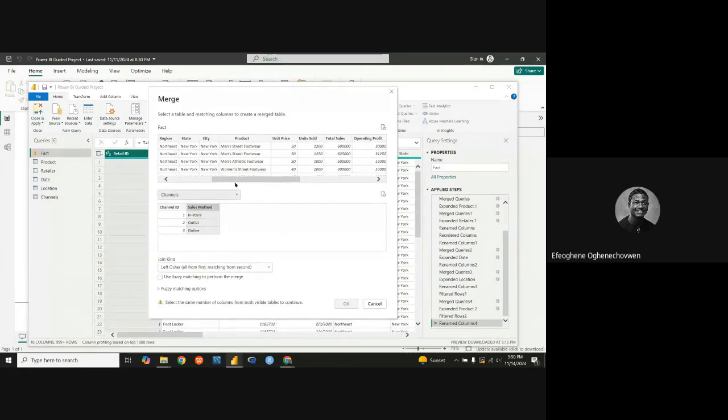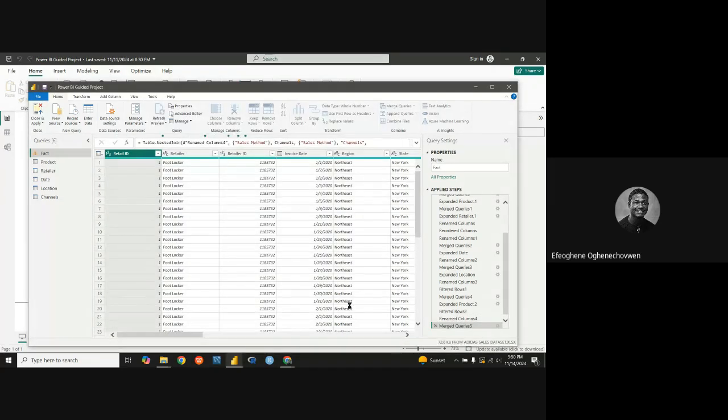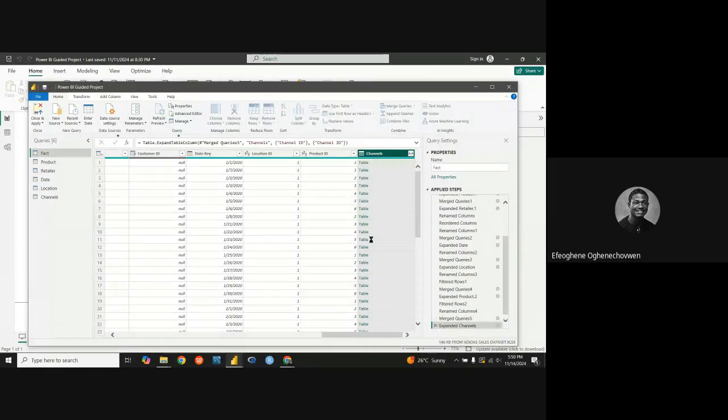So sales method. I think we can now find sales method here, in case I don't want to be removing. Okay, click on OK. Thank you. If not, we would have encountered little challenges. I don't want to rename this table again. I want to use original column name as prefix.